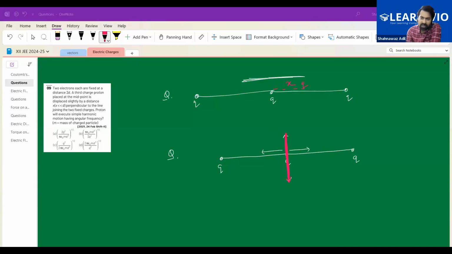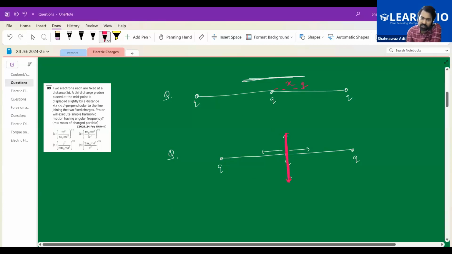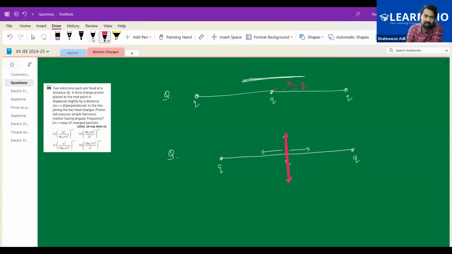Okay, so now this is the displacement that is happening, right? And we have to show that again the net force would be proportional to, or this would be, minus k x. So if we displace this charge to this position, this is the x distance that we are displacing.